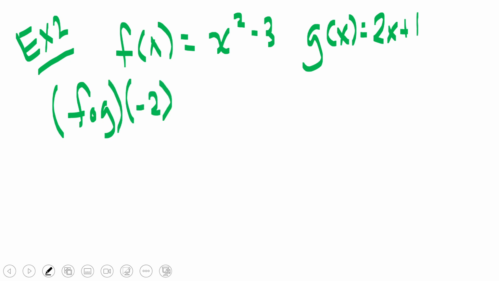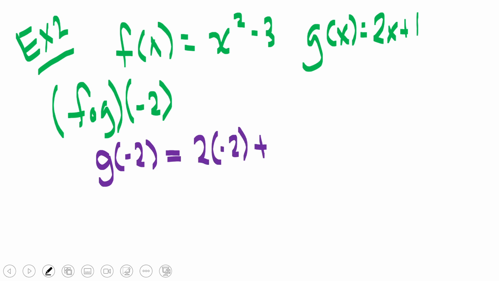Okay, so what we're going to do here is a lot of substitution. And if we have a composition of g of -2 for f, we're going to grab that g of -2 first, which means in the g function expression, everywhere we see an x, we're going to pop in -2 for that.